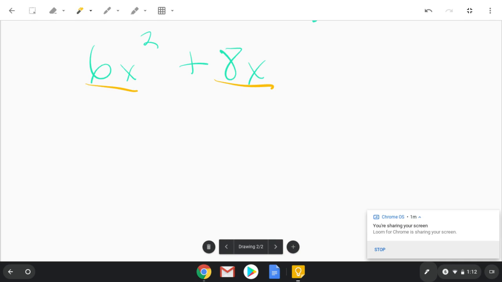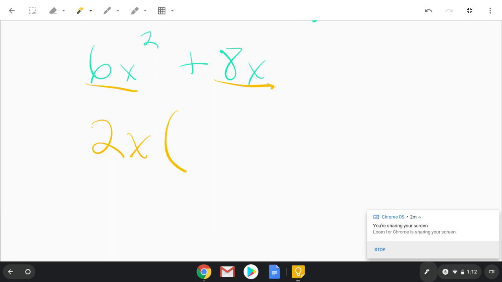They're both even numbers, and a 2 will go into both of them. They also have a variable, x. Now, you want to look for how many x's they have in common. This one only has one x, and this one has 2 x's. So the most that they could possibly have in common is 1. And that's what we're going to do. We're going to be taking out, or factoring out, 2x from both terms.